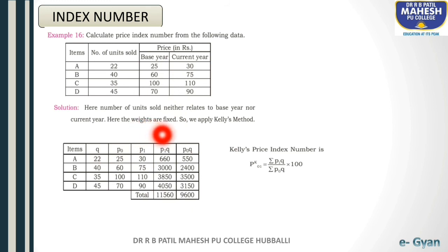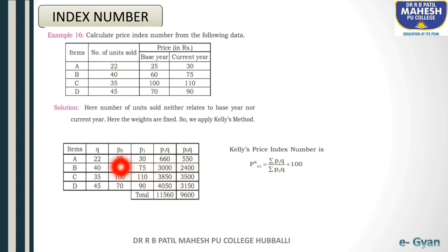We want P1 into Q, so multiply P1 into Q. 30 into 22 is 660, 75 into 40 is 3000, 110 into 35 is 3850, 90 into 45 is 4050. After finding this, take the summation. Summation P1 Q total is 11,560.